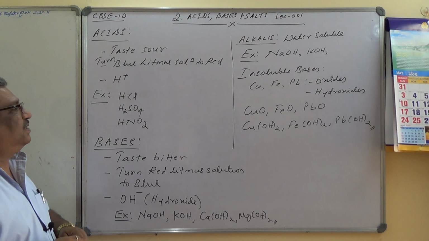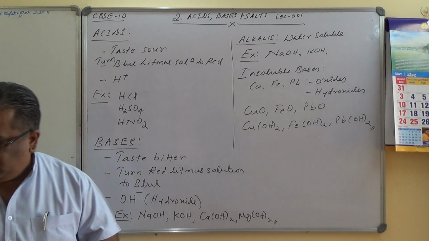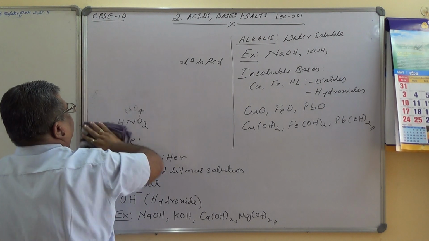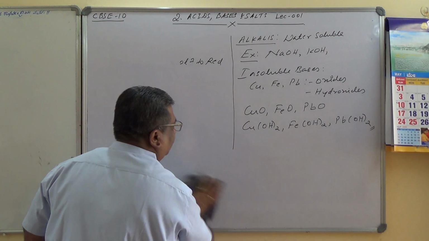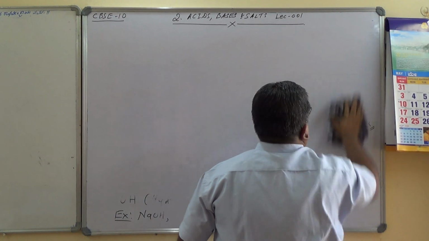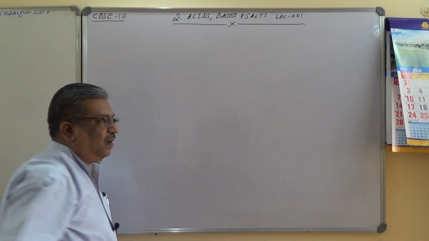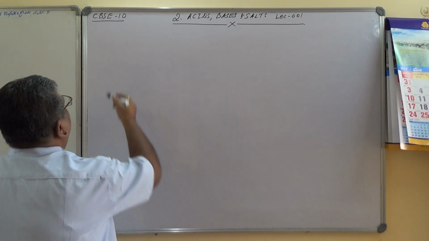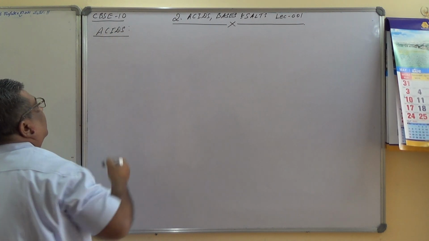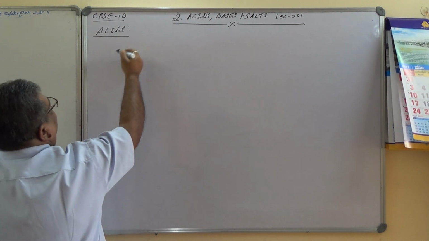Okay, so I hope you have understood the simple definitions of acids and bases. Now let us try to understand what are the different types of acids. Here we can classify these acids in very simple types.